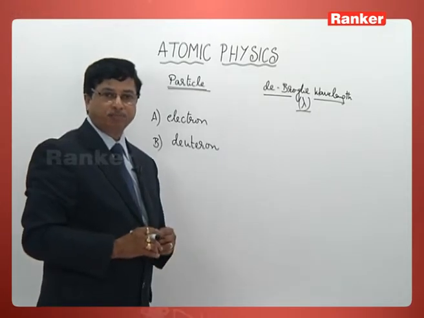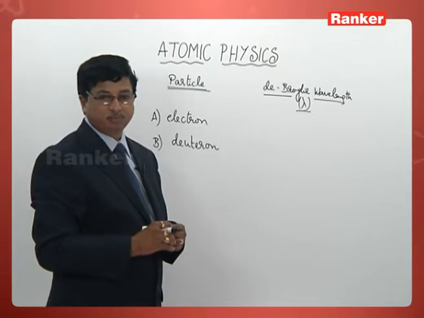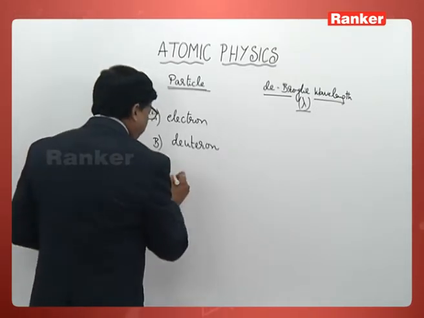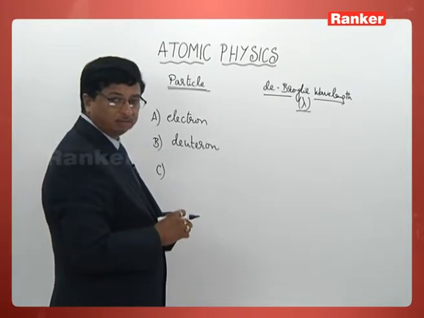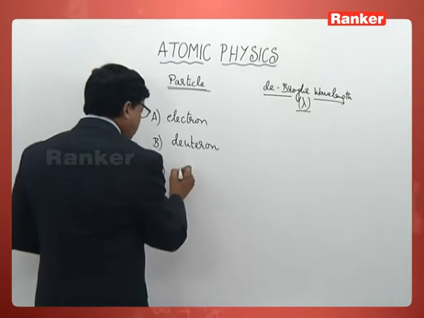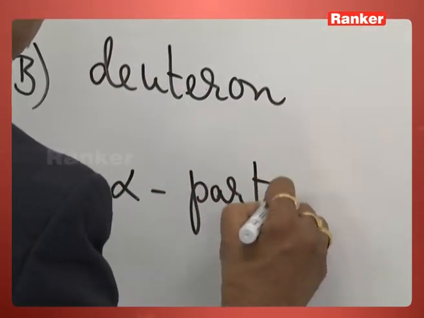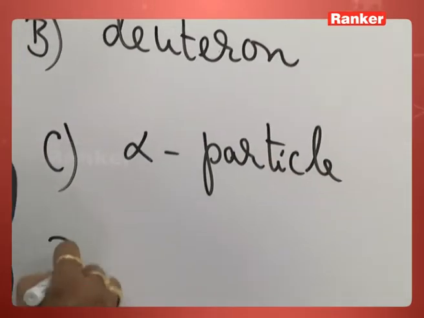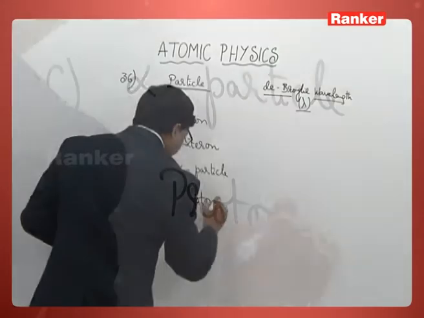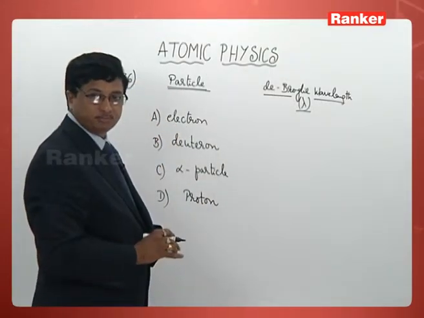The third one is an alpha particle, and the fourth one he has given as a proton. These are the four particles mentioned.